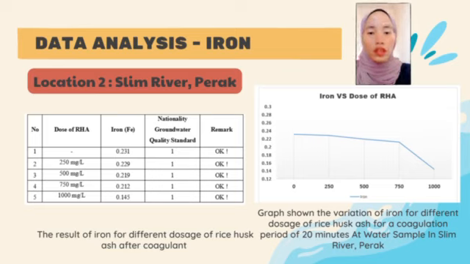This is the iron result for different dosage of rice husk ash for a coagulation period of 20 minutes, also 20 minutes, same like at Kuala Kangsar. After we got the result, all of them are positive, and they meet the national groundwater quality standard, which is 1.